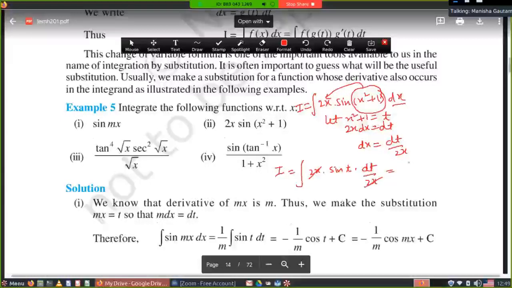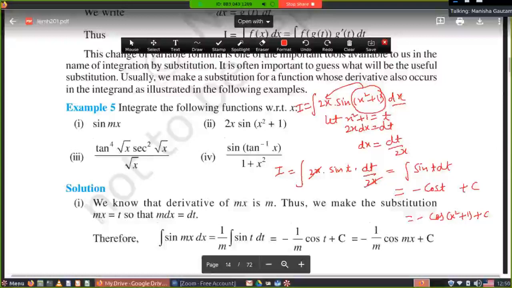You are getting integration of sin t dt. Now integrate the function. The integration of sin t is minus cos t plus constant. Now put back the value of t, that is x square plus 1, plus constant. So the answer is minus cos(x square plus 1) plus constant.